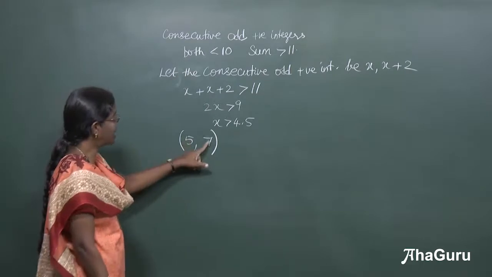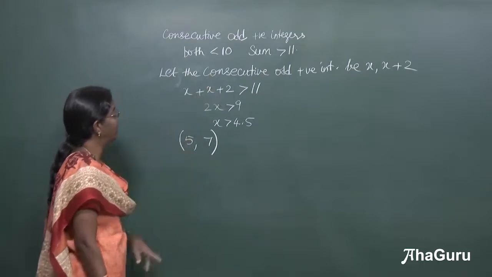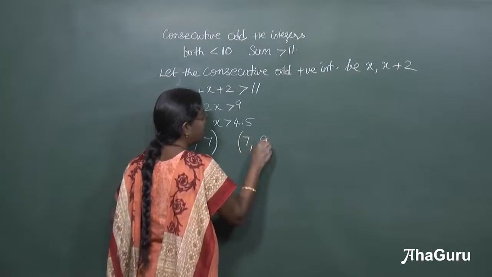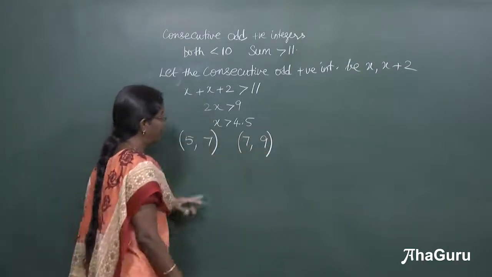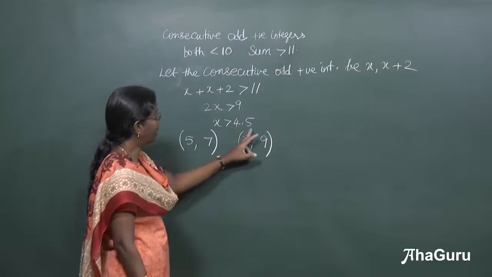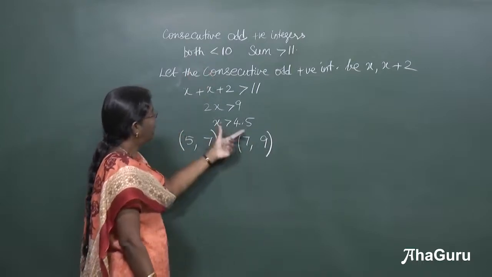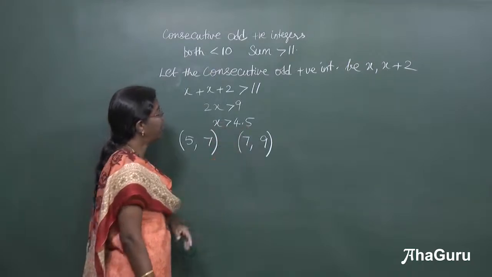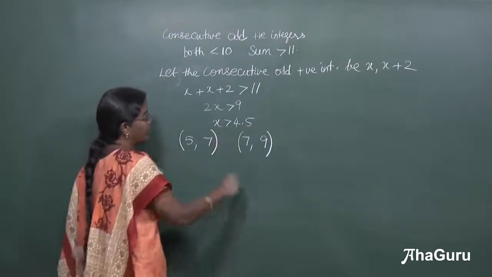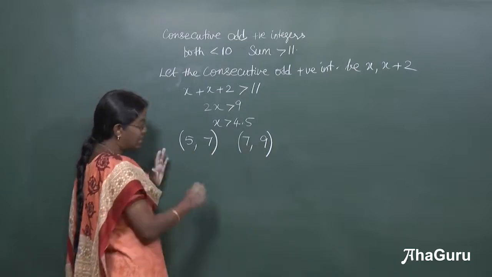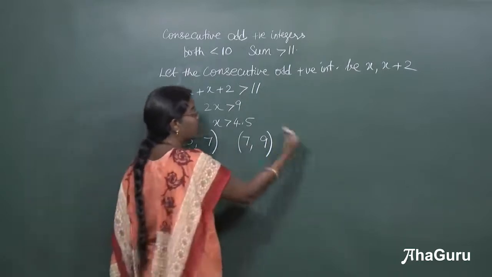Both are less than 10 and the sum is greater than 11. Next we consider 7 and 9. Both are less than 10, so the first condition is taken care of, it is greater than 4.5, and the sum is definitely greater than 11. These are the only two possibilities.